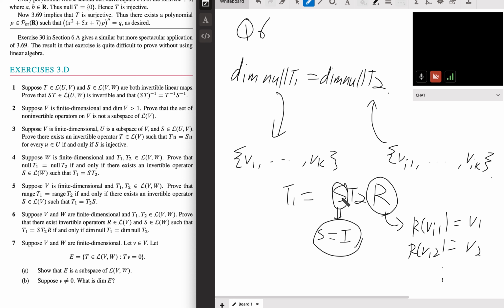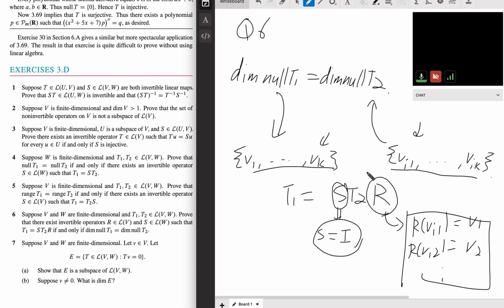And then this one is more tricky, but you can also show it because, since this is linearly independent and so is this, you're mapping from a linearly independent space of size k to another linearly independent space of size k. And it's a surjective mapping, so it must be injective, which means it must be bijective and thus invertible.